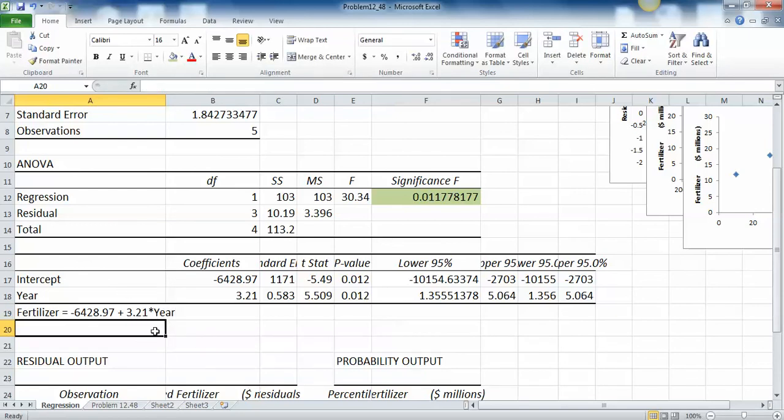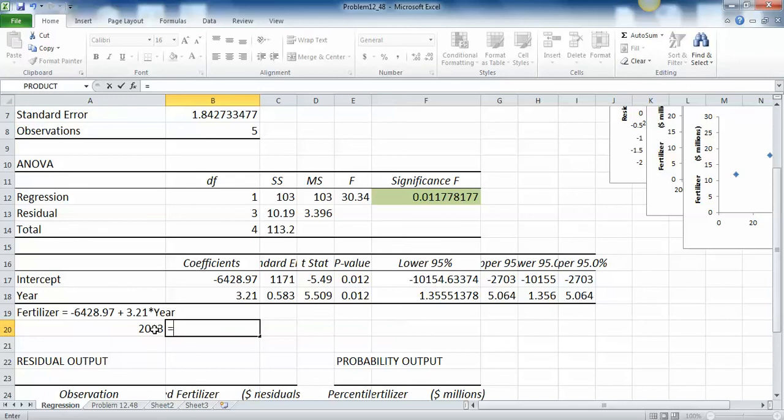Now I want to predict how much in fertilizer sales we're going to produce or export in year 2013. Okay, so to get that number, I'm going to go up to my coefficient, which is the negative $6,428.97, plus I'm going to go to 3.21, and I'm going to multiply that by the 2013, and that gives me my answer.